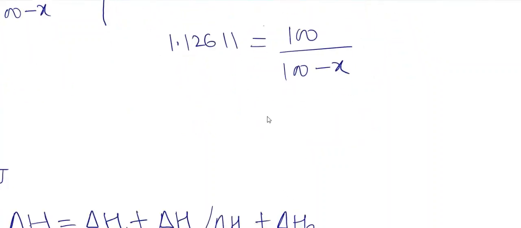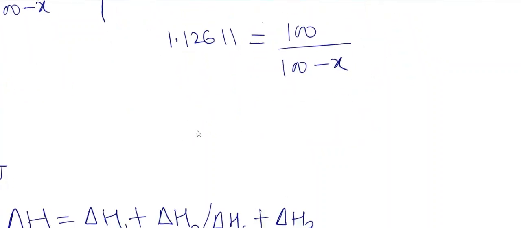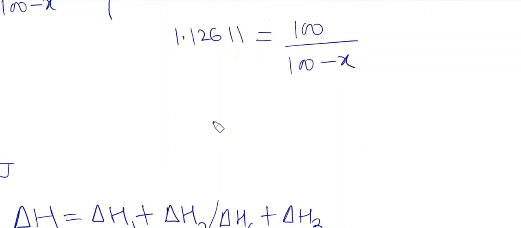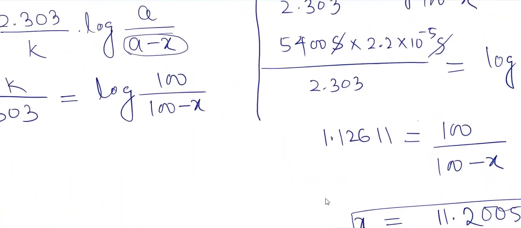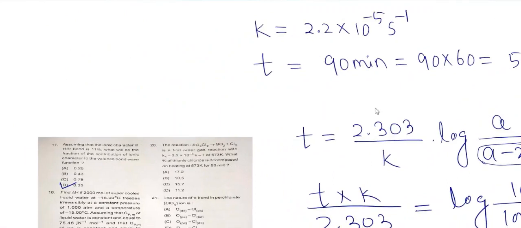Then you have to solve, and you will get x is equal to 11.2005. x is the concentration of the reactant after 90 minutes. So 11.2 is the correct answer, and option D is correct.